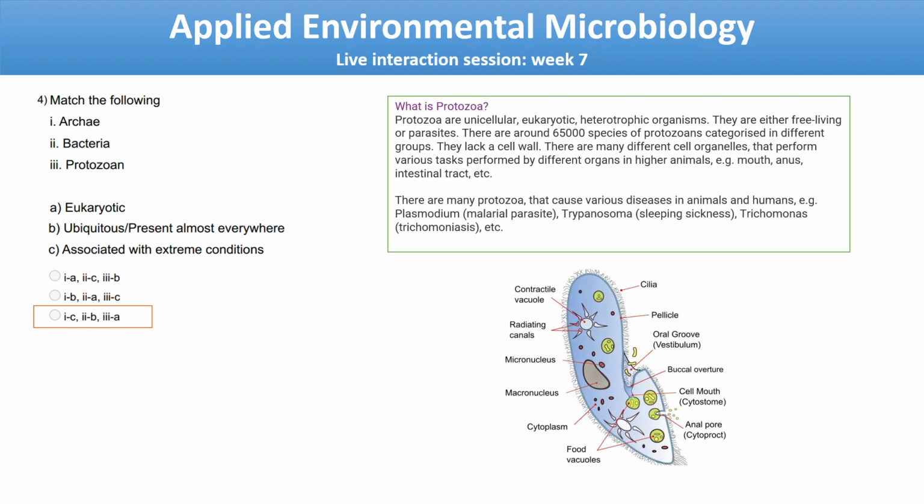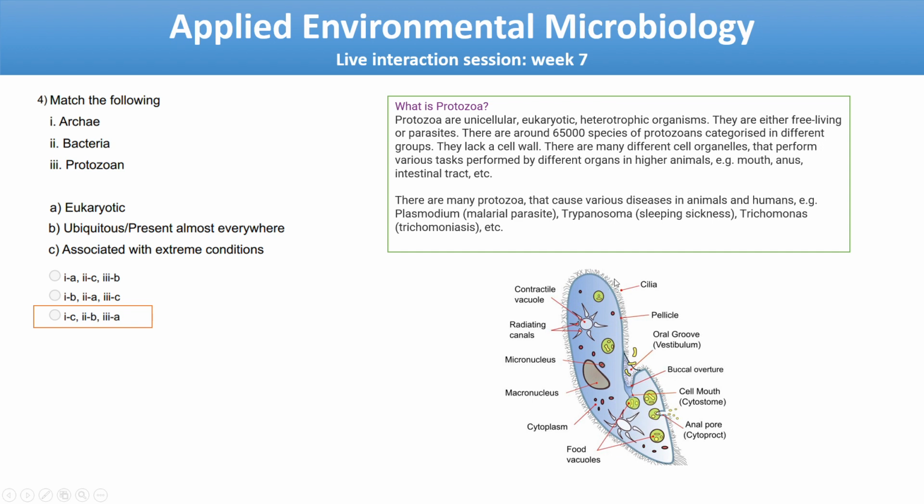So protozoa are unicellular eukaryotic heterotrophic organisms, and they are free living or they can be parasitic. There are many species of protozoa. The main characteristic of protozoa is that they lack a cell wall, and they have different types of cell organelles that perform various tasks which are performed by higher order animals. For example, it has a mouth, it has an anus, it has a mouth over here, as you can see. It has food vacuoles over here.